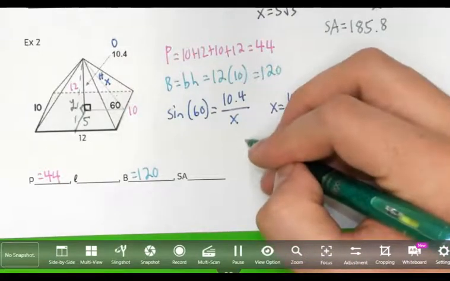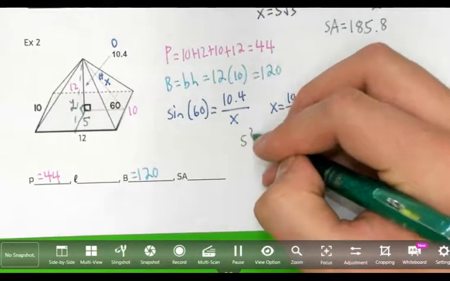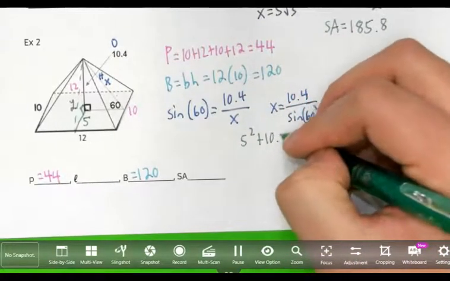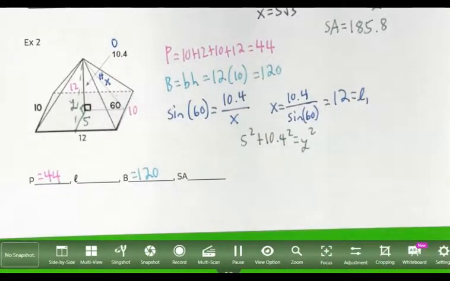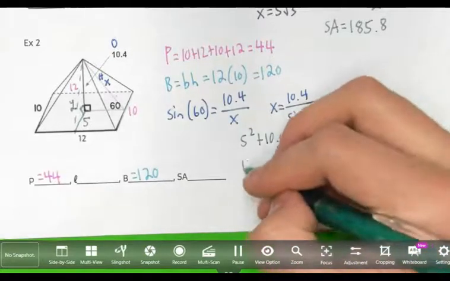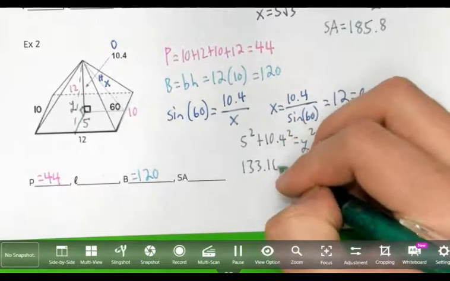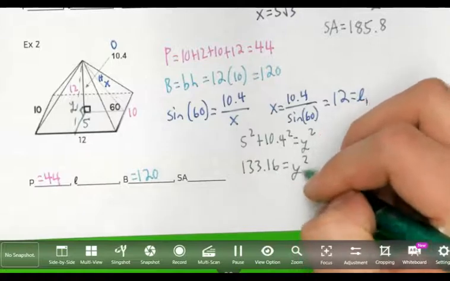So let's go ahead and write out 5 squared plus 10.4 squared is equal to y squared. And let's do 5 squared plus 10.4 squared in our calculator, and we get 133.16 equals y squared.